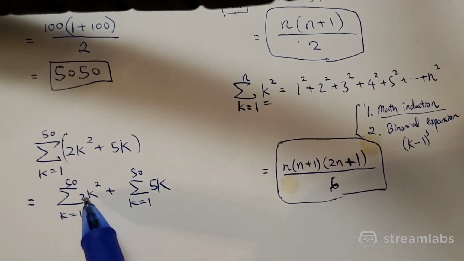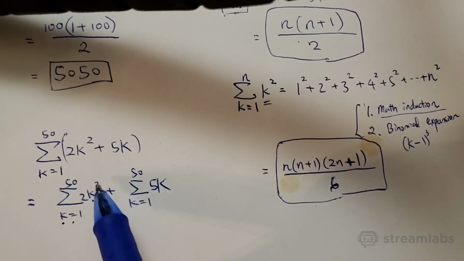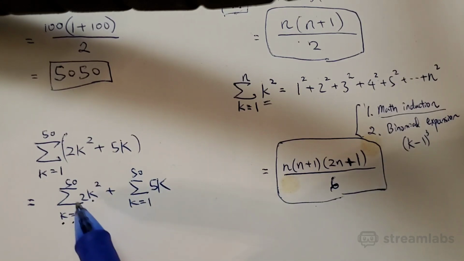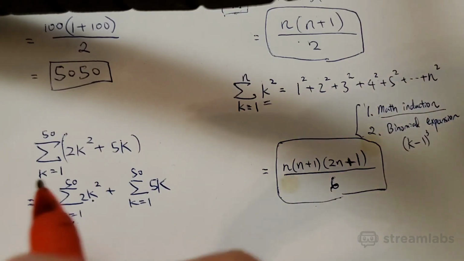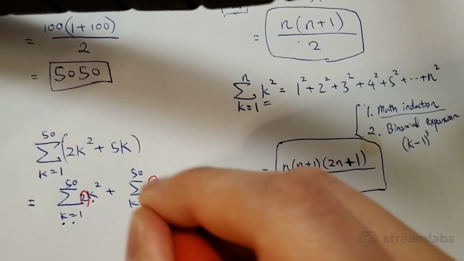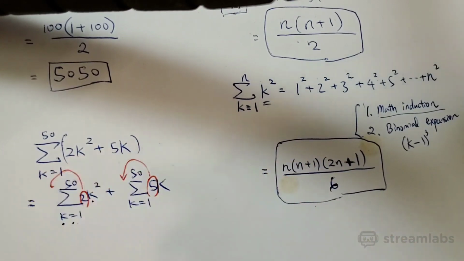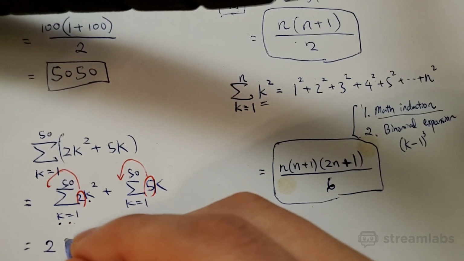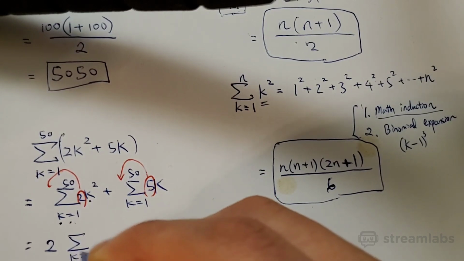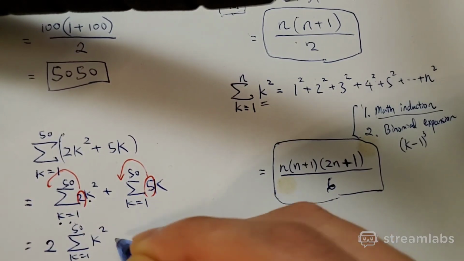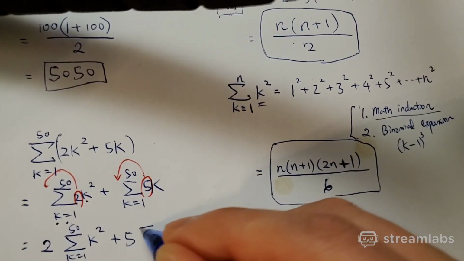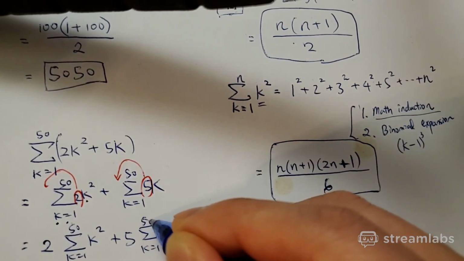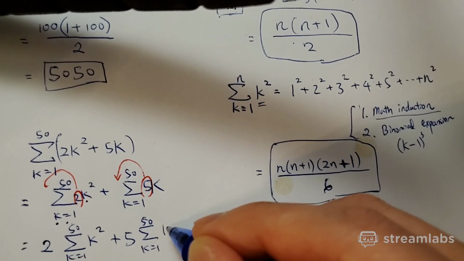Every time I plug in 1, I get 2 times 1 squared, 2 times 2 squared, 2 times 3 squared. That means everything has a 2 in it. I can factor this 2 out. So I can pull this 2 and 5 forward. That'll become 2 sigma k from 1 to 50 of k squared plus 5 sigma k from 1 to 50 of k.